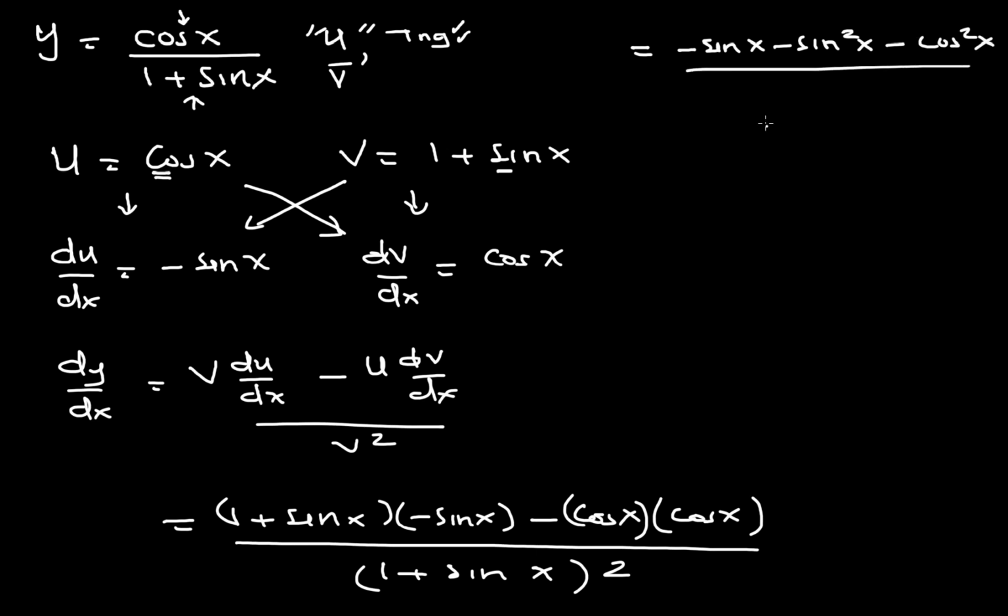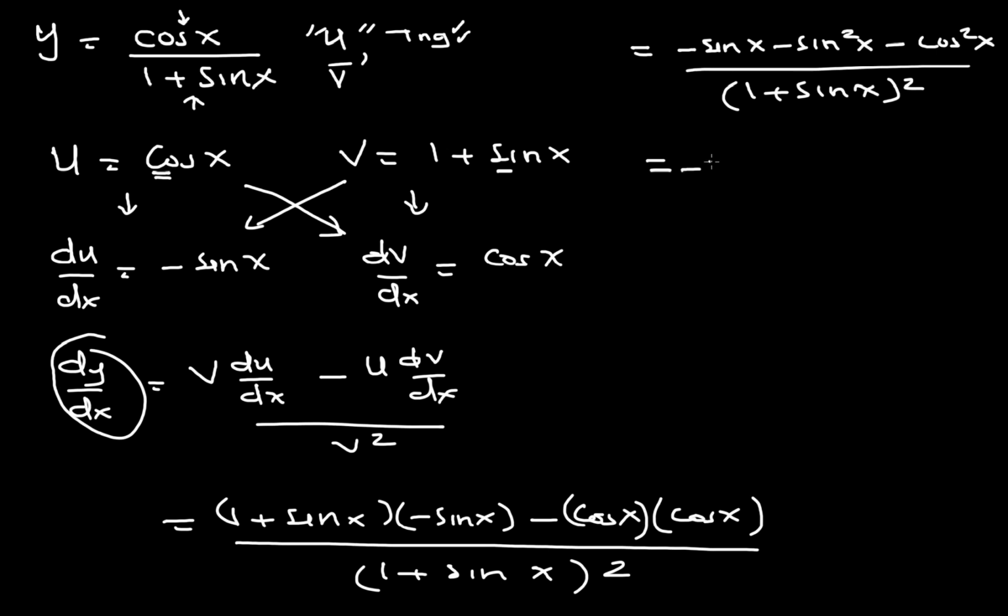Then we divide with 1 plus sine x squared. Okay, we continue. So here we're saying equal because we're still looking at this. Okay, so the equal that we're saying is that we're saying this is equal to that, this is equal to that. Okay, now we can already see here we have some things that we can do.